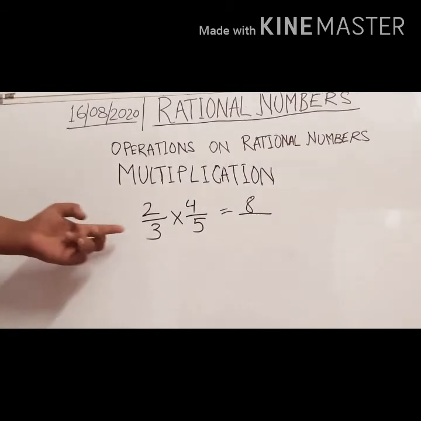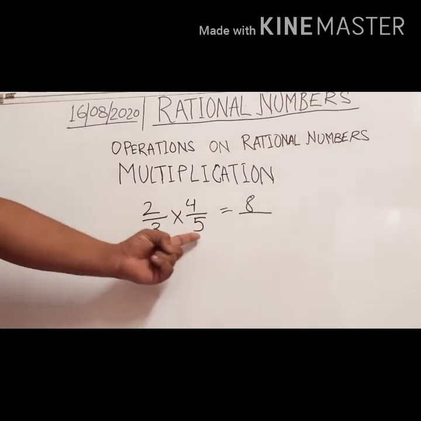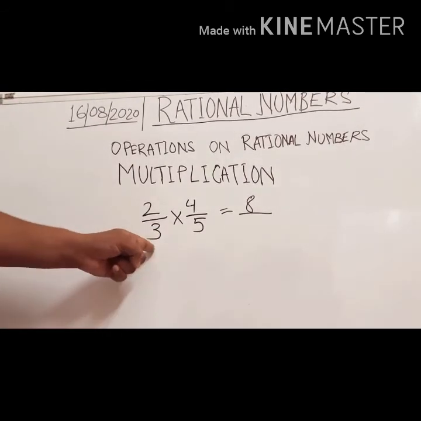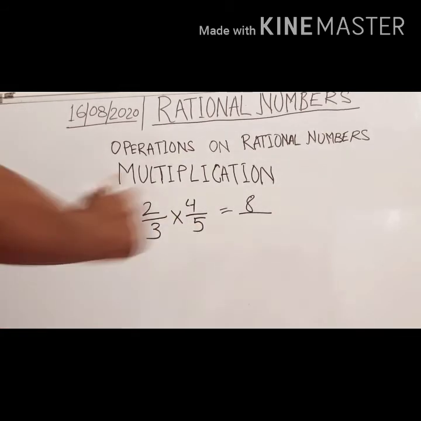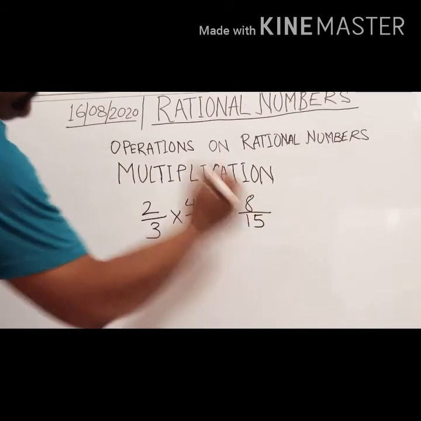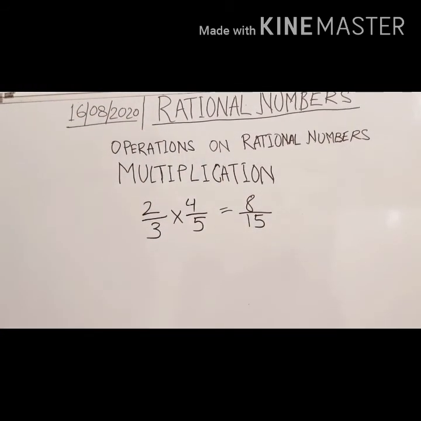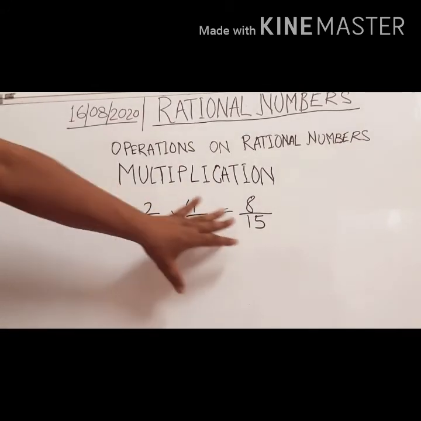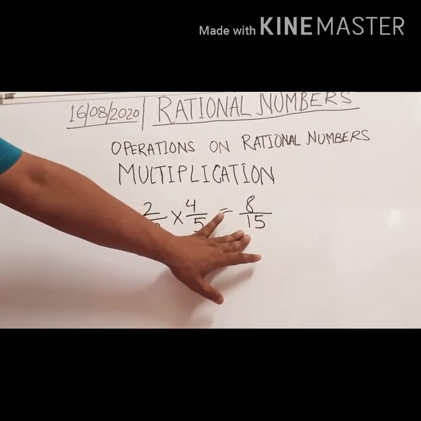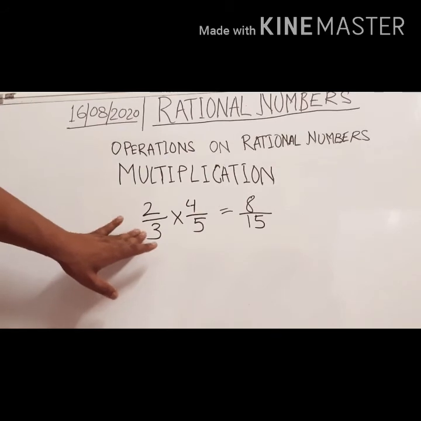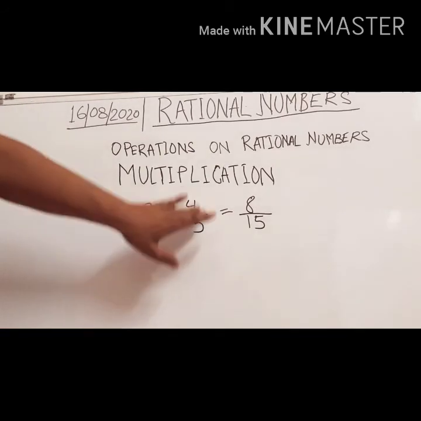The denominator of the first is multiplied by the denominator of the second, that is 3 multiplied by 5. 3 5s are 15. Now this is our result. 8 by 15 is the multiplication of the two rational numbers 2 by 3 multiplied by 4 by 5.